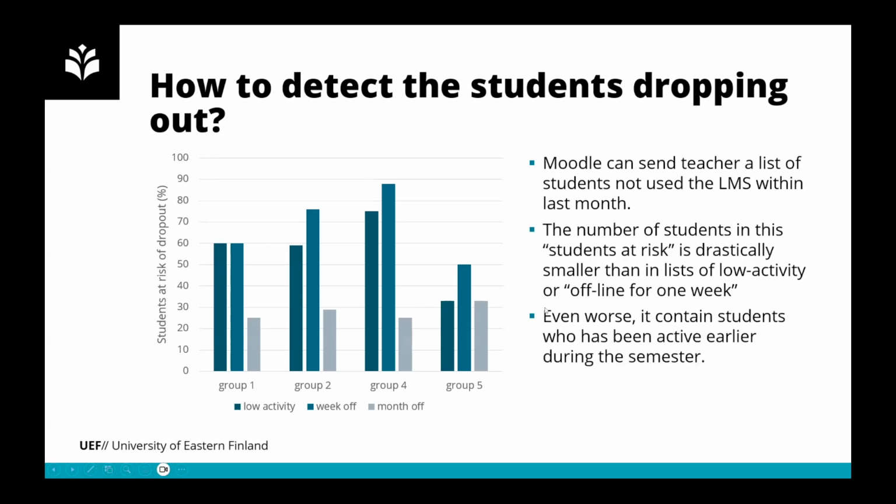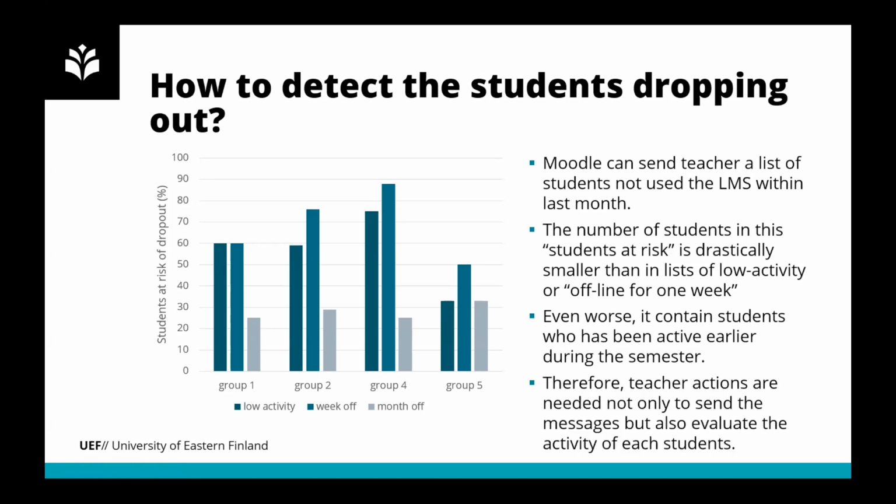Even worse, it also contained students who are no longer there because they have actually passed the course. So the teachers should also be doing other things than just looking at the list of the students who are at risk.